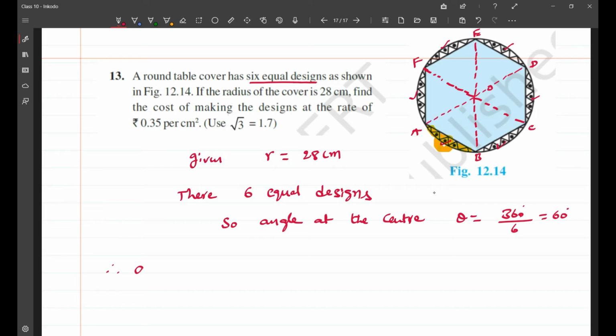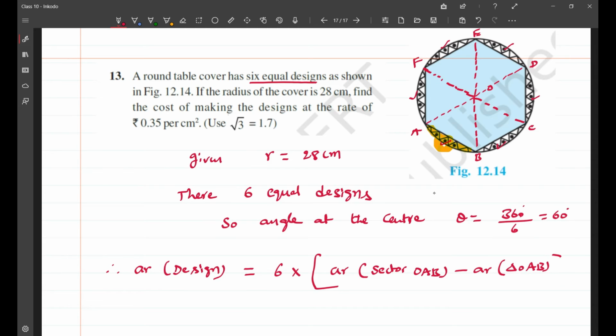Therefore the area of design is equal to, there are 6 such designs, so I am multiplying by 6: 6 multiplied by area of sector OAB minus area of triangle OAB.